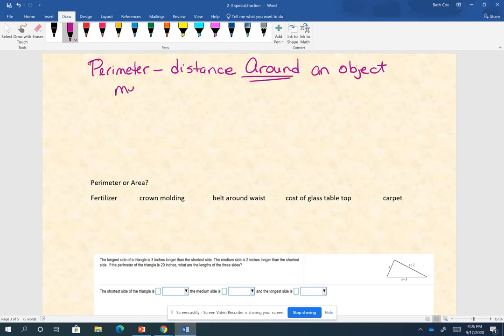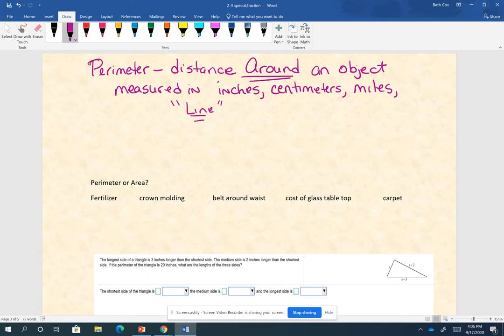It's measured in inches or centimeters or meters or miles. It's a line measurement. A perimeter represents the length of a line.